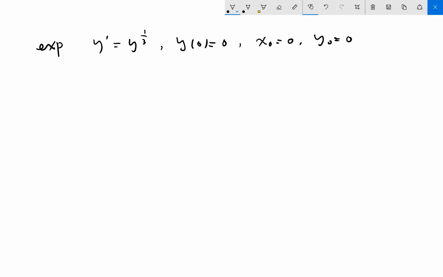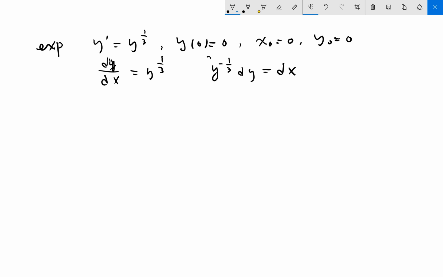Okay. So since this equation is separable, we know how to solve it. Okay, so you have dy/dx equal to y to the 1/3. So we can separate variables. Okay, so you got y to the negative 1/3 dy equal to dx. So then we can integrate on both sides.